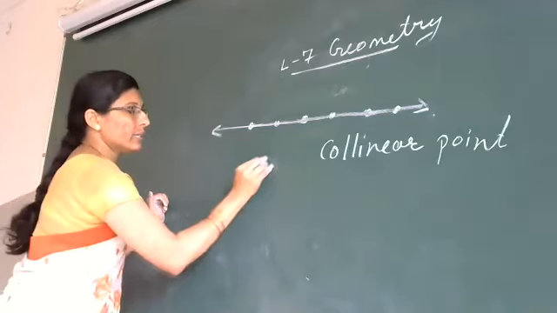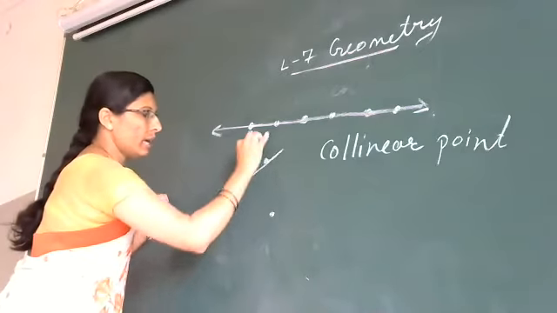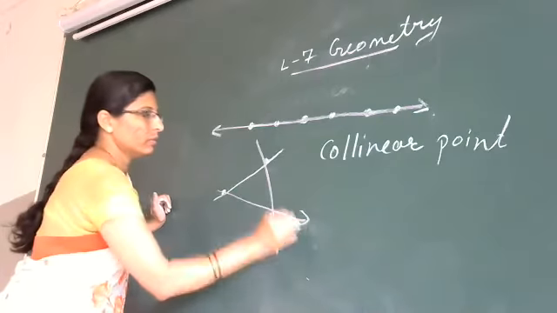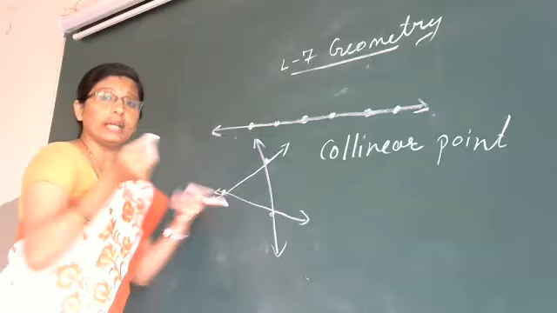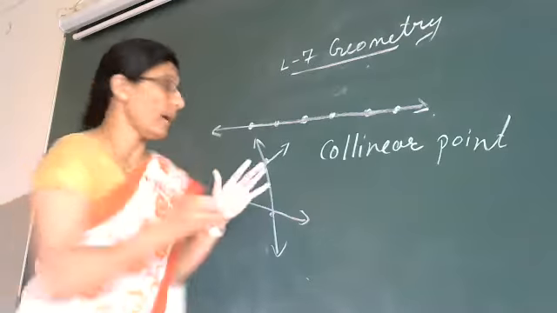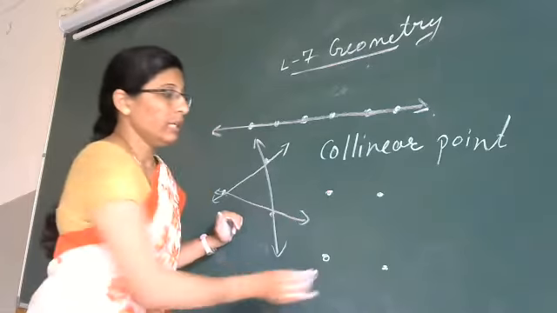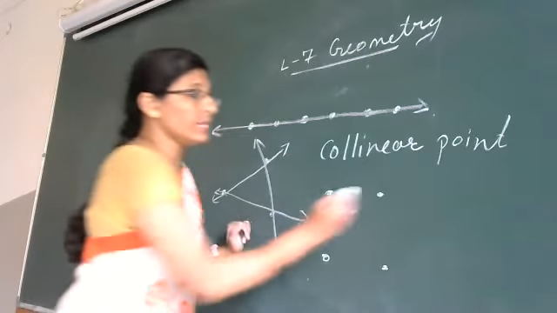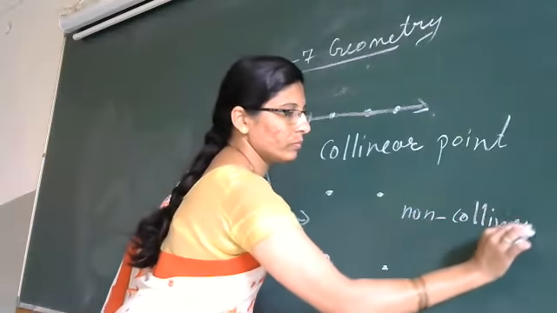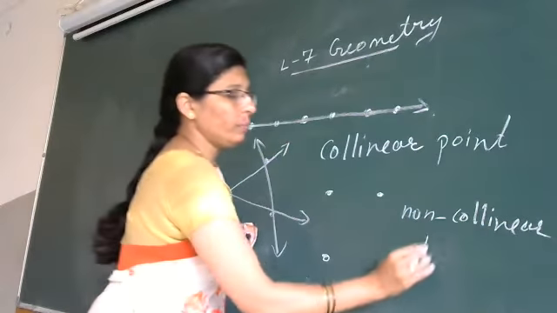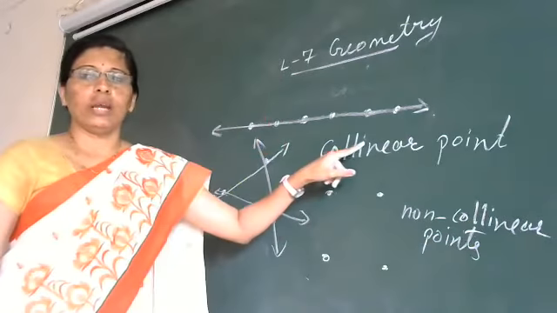Collinear means points are arranged in a straight line. If the points are like this and lines are passing like this, these are not in a proper straight line. These are anywhere, points can be anywhere. These points are known as non-collinear points.